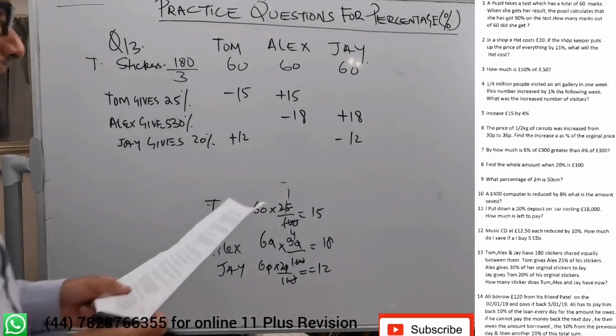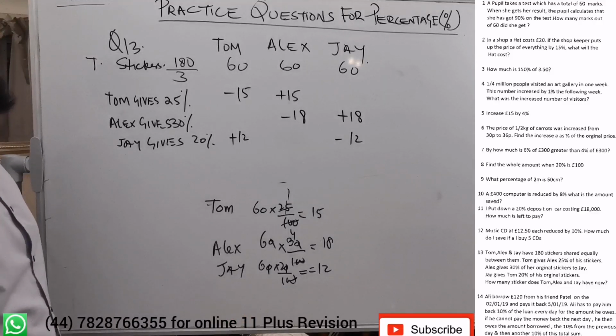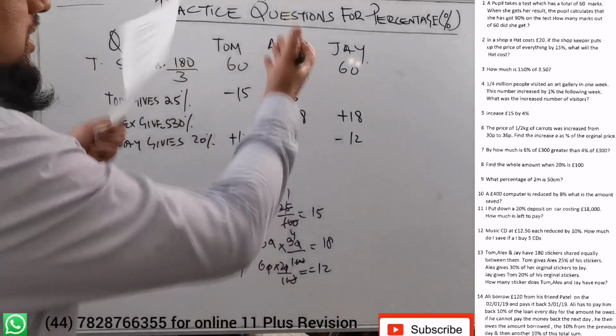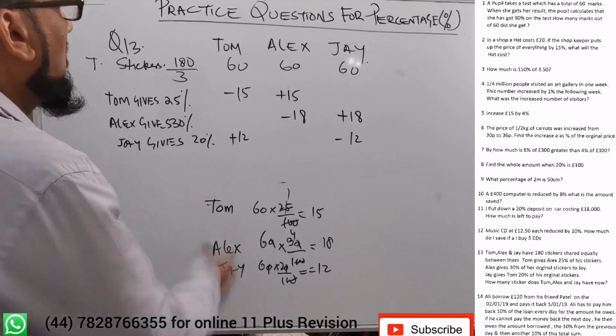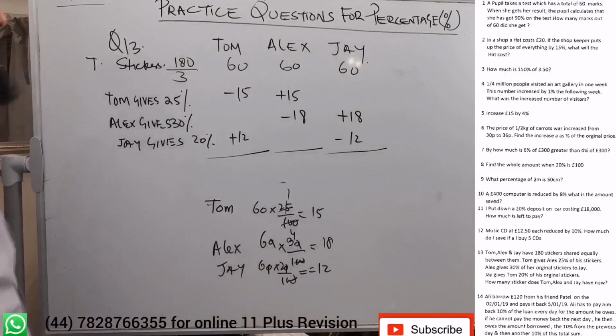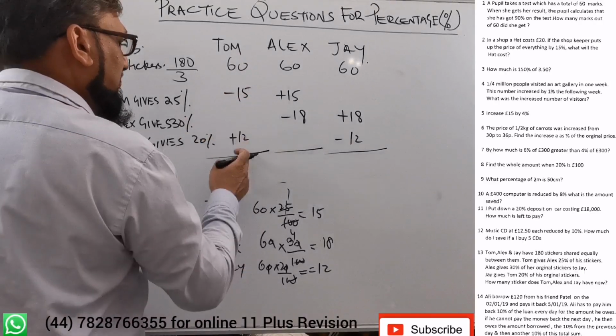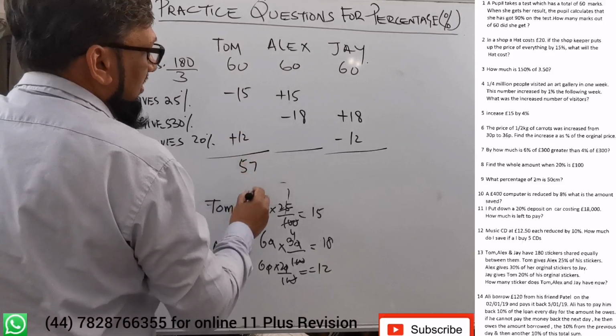Now the question is saying, how many stickers do Tom, Alex and J have now? We already worked it out, so we need to simply add and subtract, and find the number of stickers they have. So Tom: 60 minus 15 is 45, 45 plus 12, which is 57.